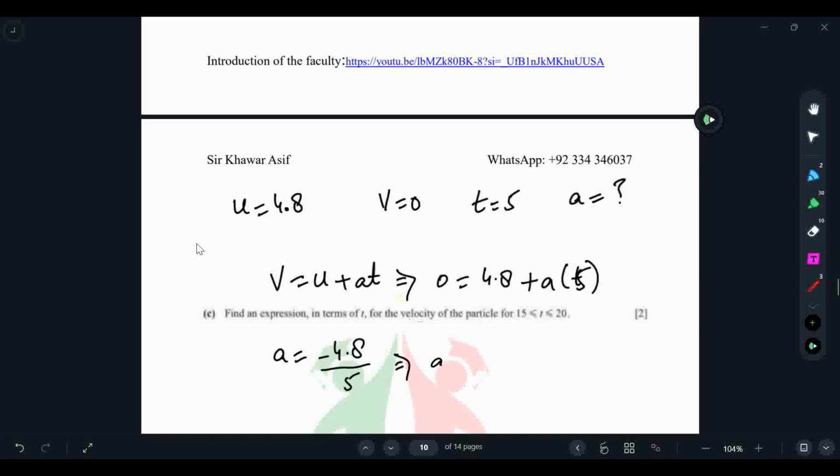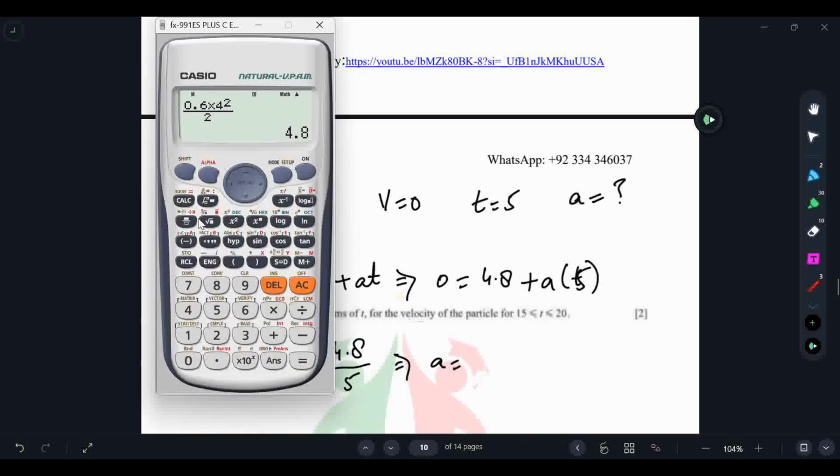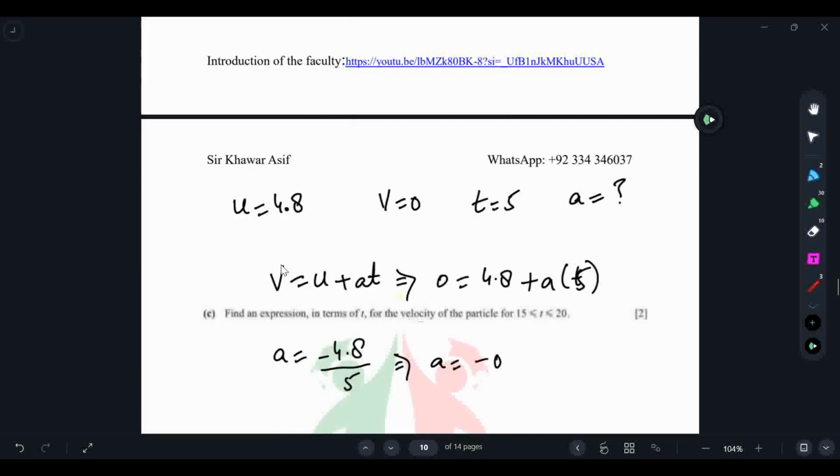So acceleration will be equal to minus 4.8 divided by 5, so this will be minus 0.96 meters per second squared. This is the acceleration of the particle for 15 to 20 seconds.